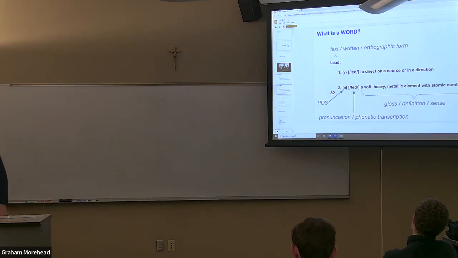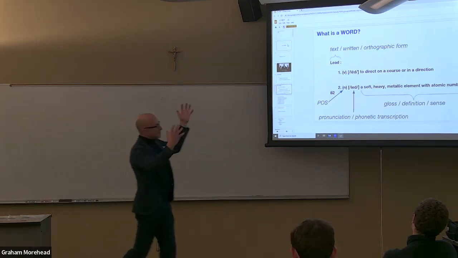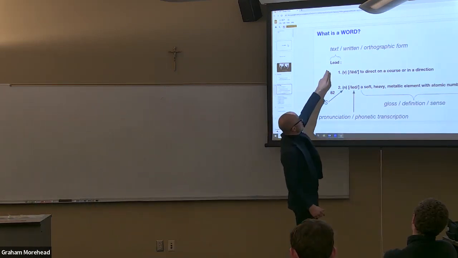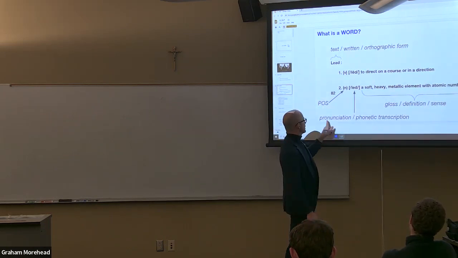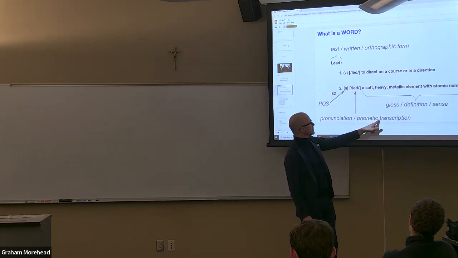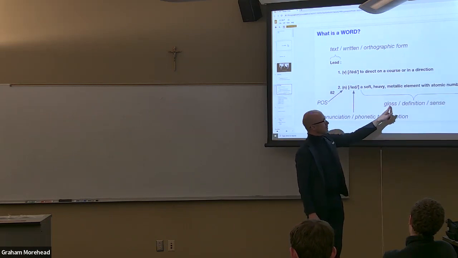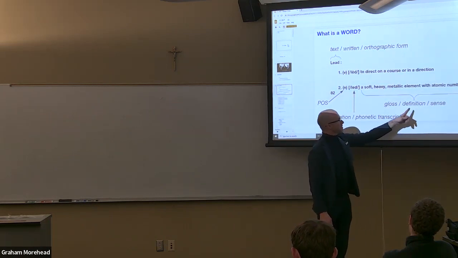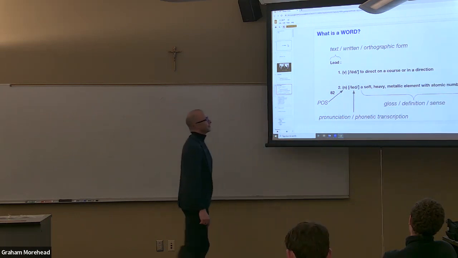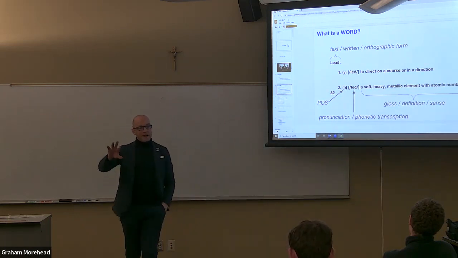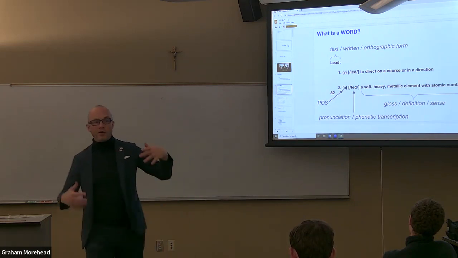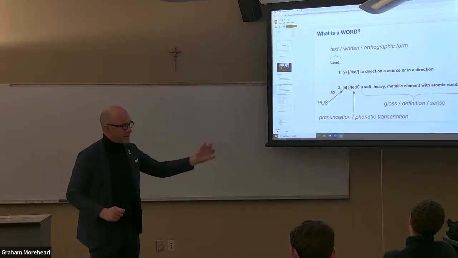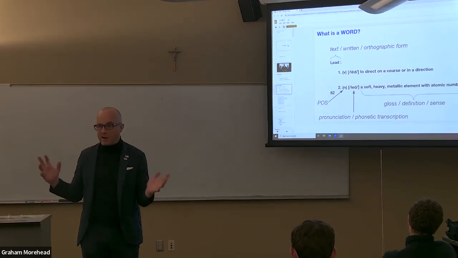When we look at what a word is, linguists look at a lot of things. This is how it's written. Here's the part of speech, the pronunciation or phonetic transcription, a gloss or a definition or a sense. So as a computational linguist, you don't have to worry about all the different philosophical games that people have spent hundreds of years talking about.